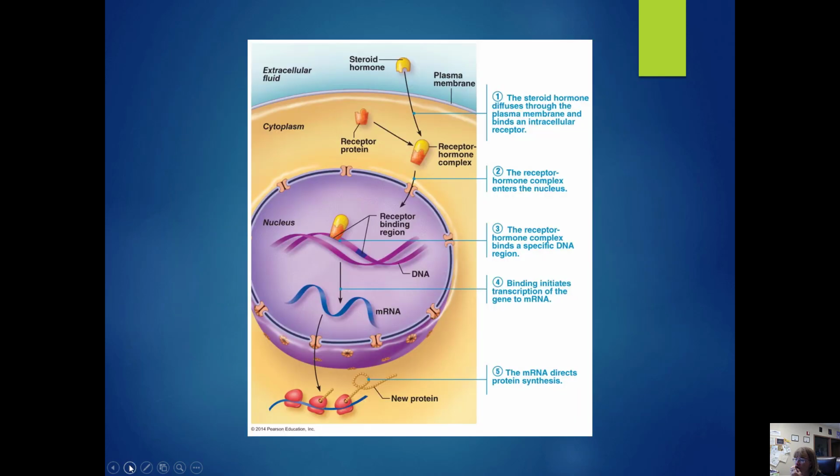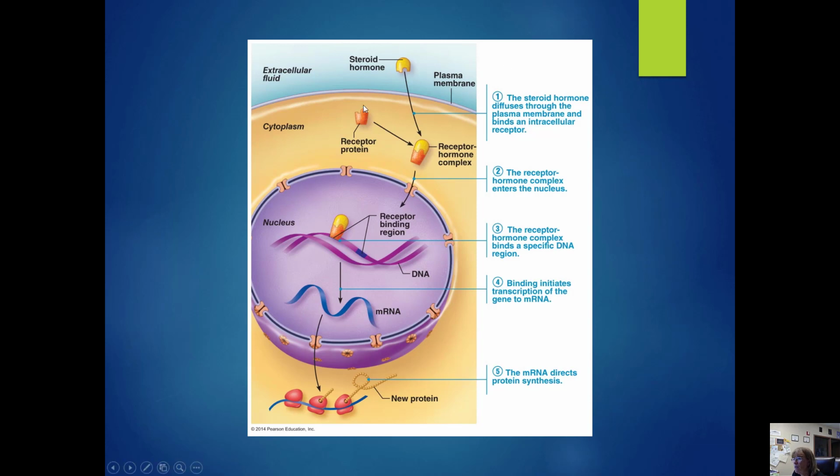Okay, then we have intracellular receptors and nuclear receptors. And these are going to be the ones that the steroid hormones use. So here is the steroid. Because they are lipid soluble, they're going to be able to pass through the plasma membrane and bind to either an intracellular receptor or a nuclear receptor. In this picture, this just shows a cytosolic receptor.